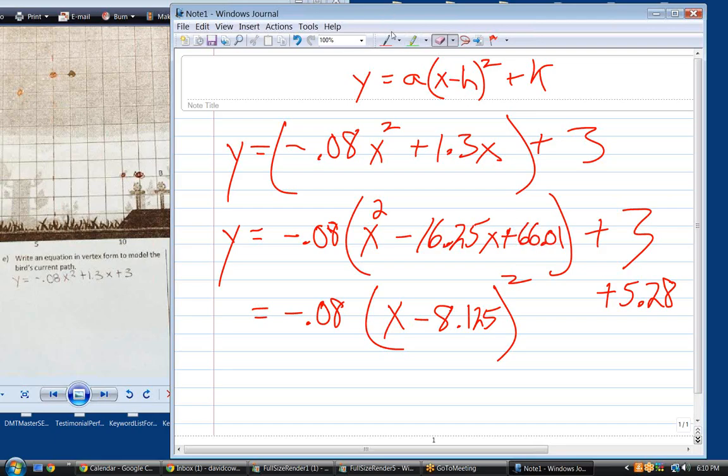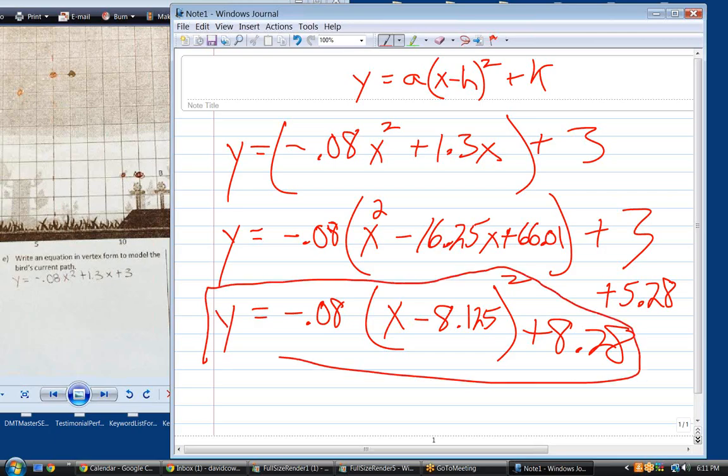And then the k is that, plus 8.28. So there's our equation in vertex format.